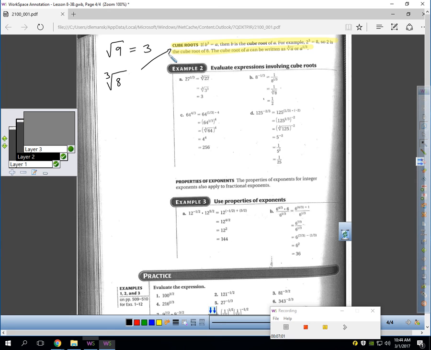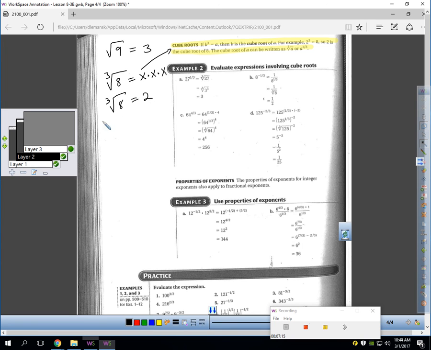This definition is saying I am looking for the number that I can multiply together 3 times, and it would give me 8. Well, the cube root of 8 is 2, because think about it. Isn't 2 times 2 times 2 8? Cube root means I need the same factor 3 times, and it has to multiply out to 8.